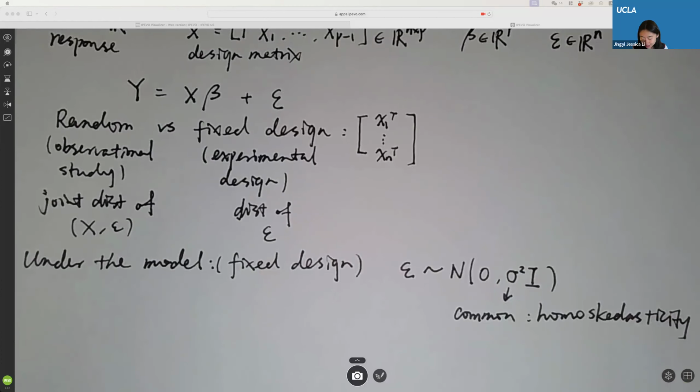Now I'm going to do a contrast. I'm writing it down here: E equals I minus H times Y. This is the E vector, the residual vector, versus epsilon, which is the error term, the error vector.